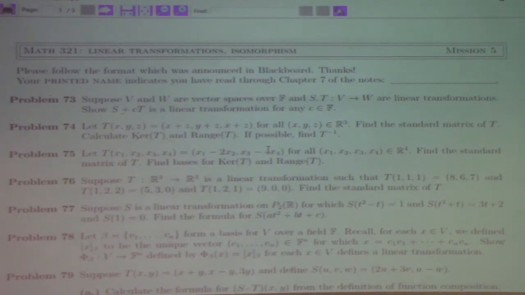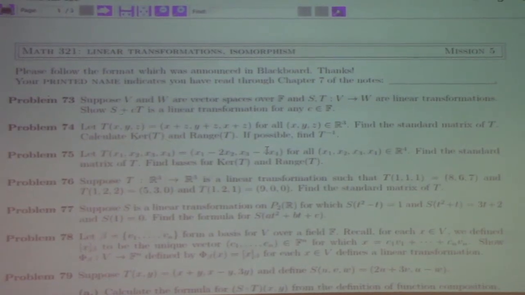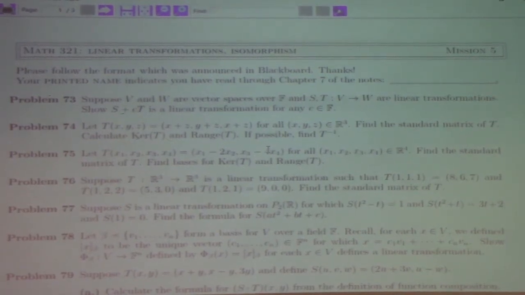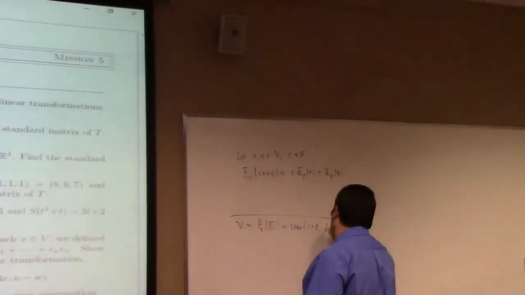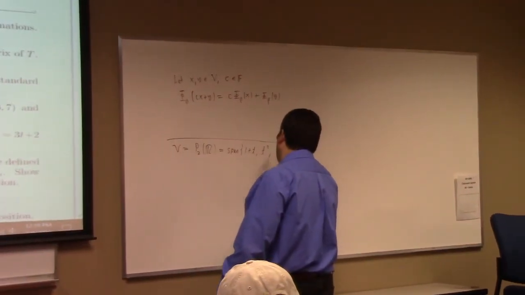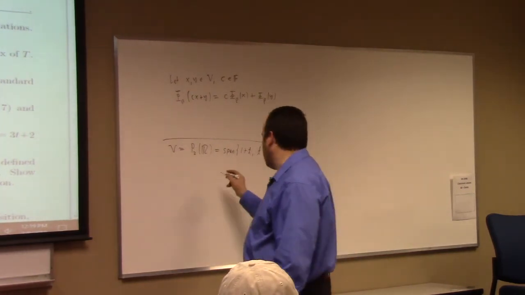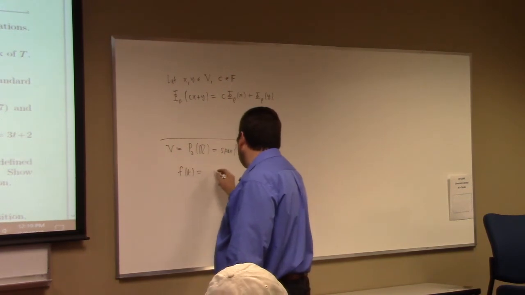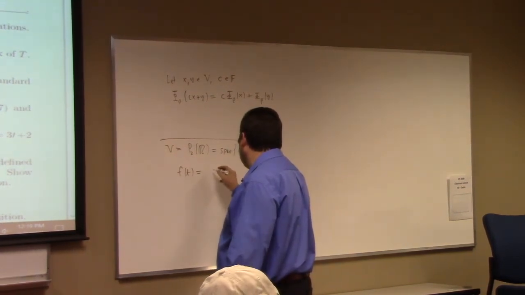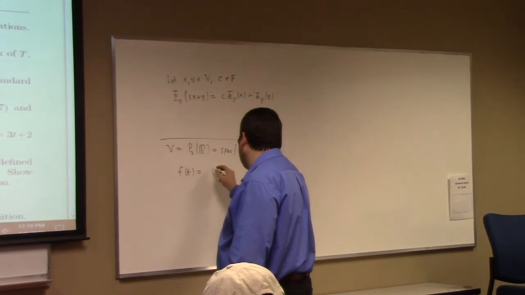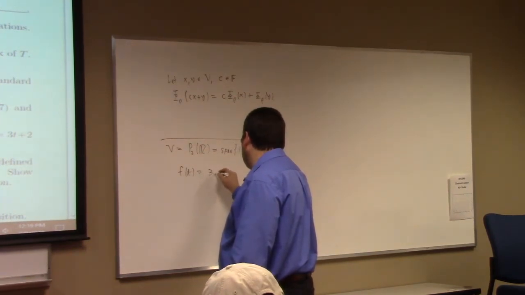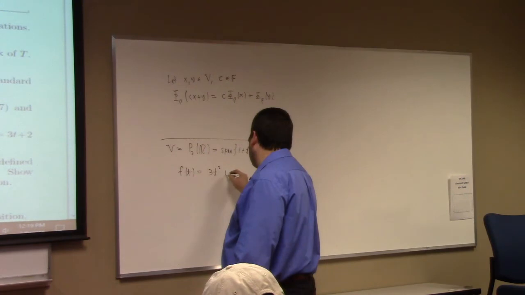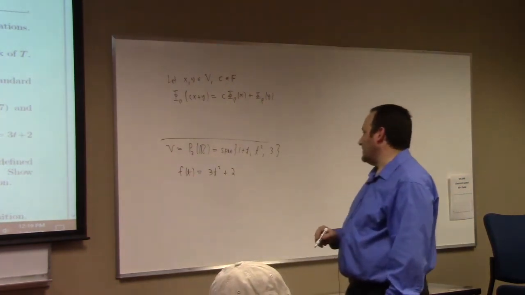Here, let me give a specific example. If we had V equal to P2 polynomials, and suppose that's the span of 1 plus t squared, and 3, right? And if I looked at f of t equal to 3t squared plus 2, what would the coordinate vector of that be?